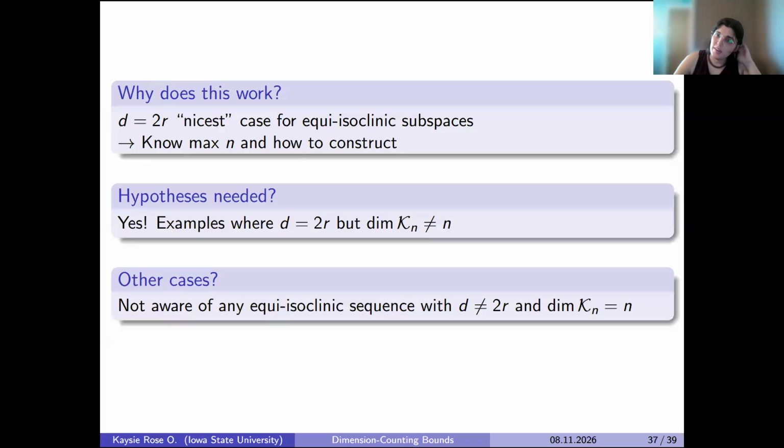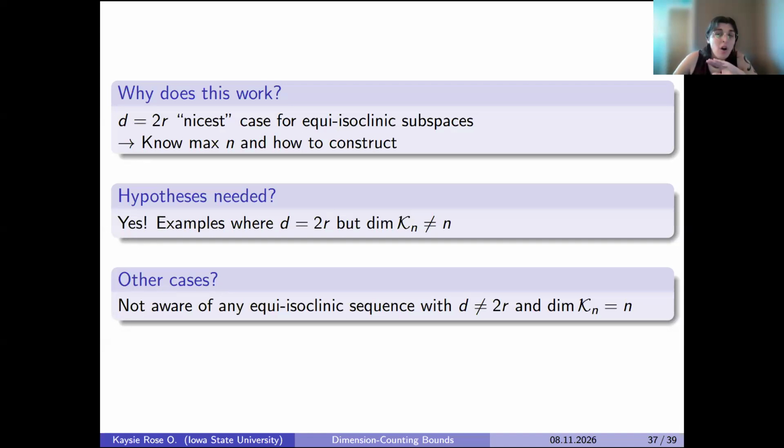Some quick housekeeping on that. Why does this work? D equals 2R, so subspaces take up half the dimension of your ambient space. That is the nicest case for equi-isoclinic subspaces.